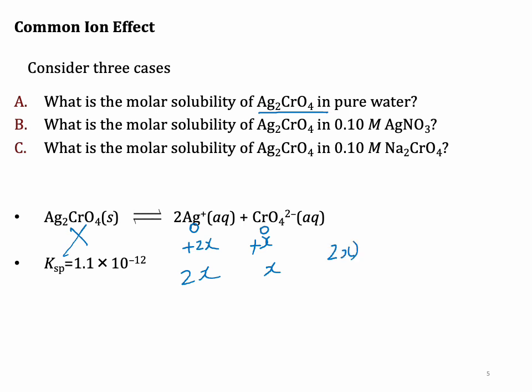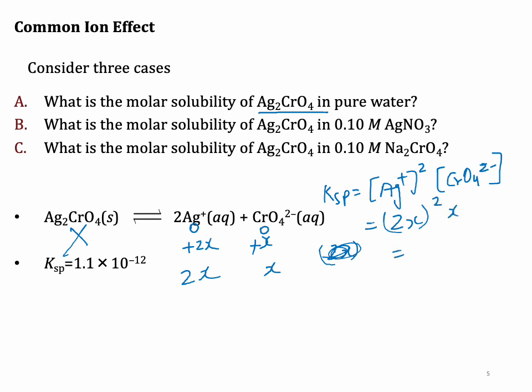Based on this, Ksp is going to be the concentration of Ag+ squared times CrO4 2-. So Ksp is equal to (2x) squared times x, which gives us 4x cubed. So from here, x is going to be (Ksp divided by 4) to the power of 1/3.